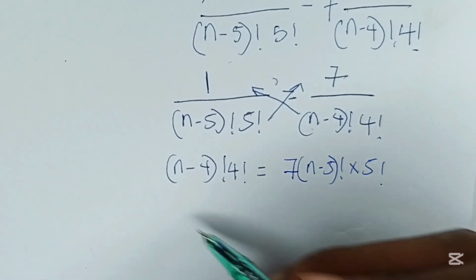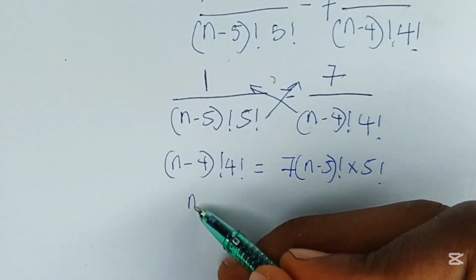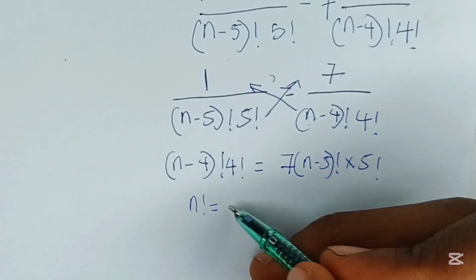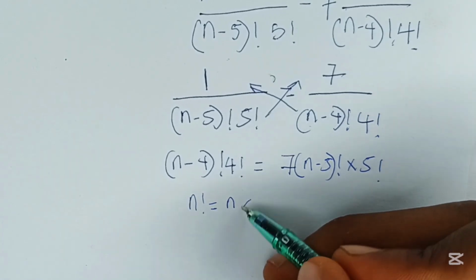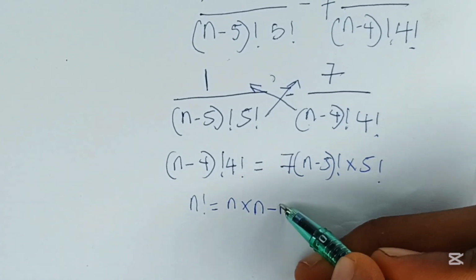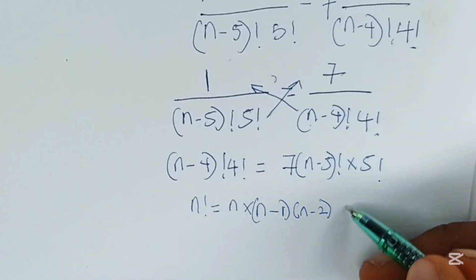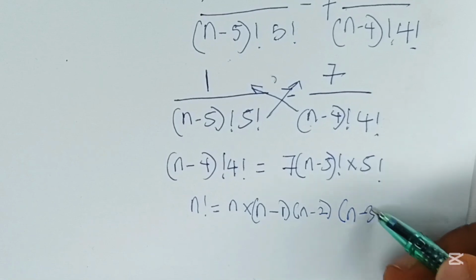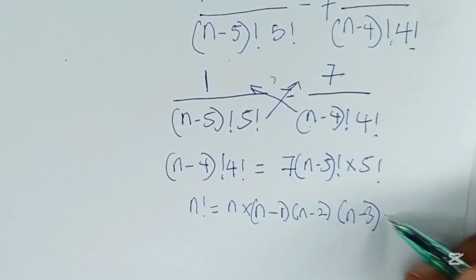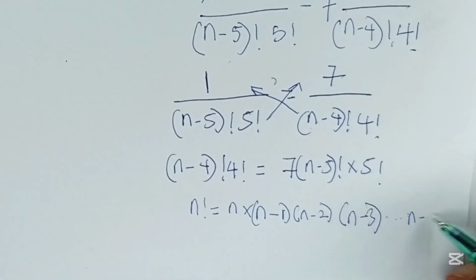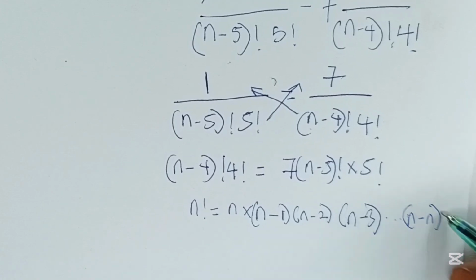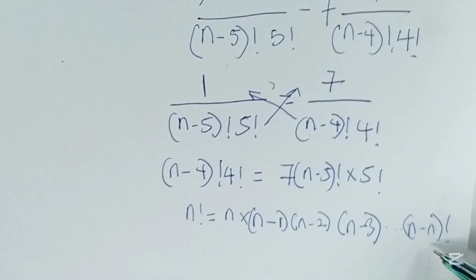Now let me show you something quickly. If we have n factorial, it will be equal to n multiplied by n minus 1 multiplied by n minus 2 multiplied by n minus 3, and so on.